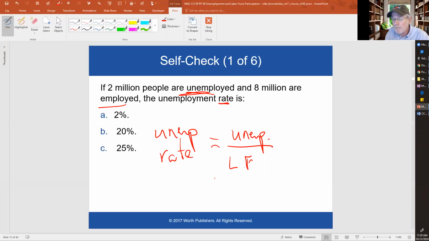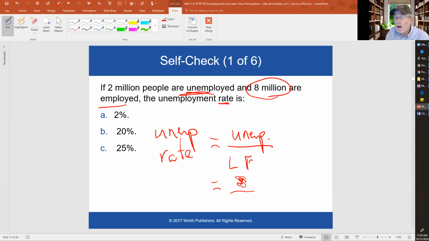So that's going to be 8 million who are unemployed. The denominator is the labor force, which is going to be the 8 million who are unemployed plus the, I'm sorry, see how easy it is to make mistakes.